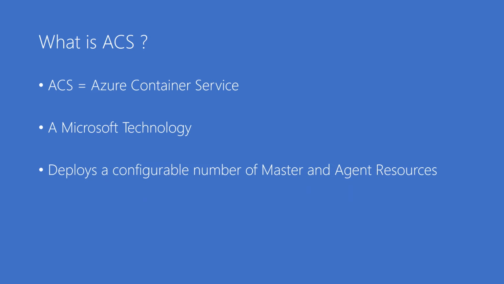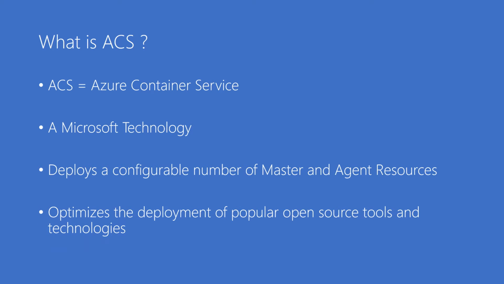ACS deploys the Azure Compute infrastructure required to host containers in Azure. It deploys a configurable amount of masters and Azure agent resources. The masters are typically Linux Ubuntu virtual machines, whilst the agent resources are based upon VM scale sets. ACS, as we said, is a container management service that manages the creation of all the compute resources you would otherwise be responsible for creating.